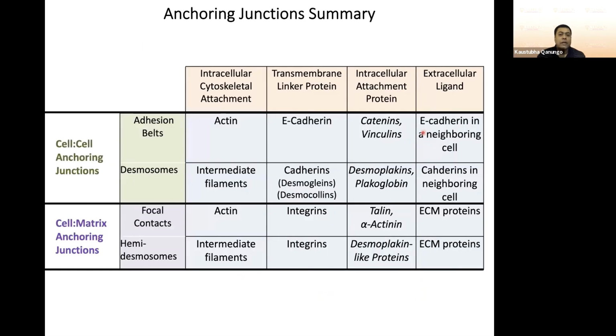All right, so here is a really good chart where you can see cell-to-cell adhesion belts and cell-to-cell focal contacts, both of them acting. And then you have the transmembrane linker, catenin, vinculin, talin, alpha-actinin. Here you have cadherin, and then you have ECM proteins, and then desmosome with the intermediate filaments, hemidesmosome with the intermediate filaments.